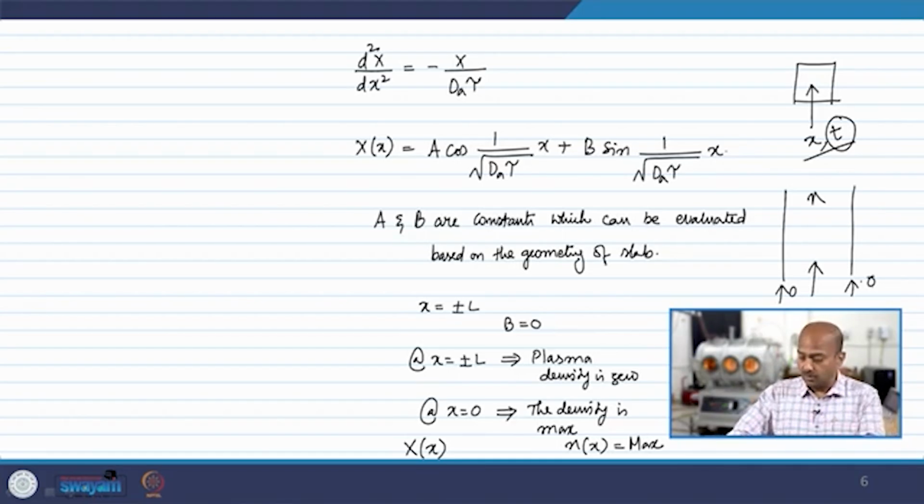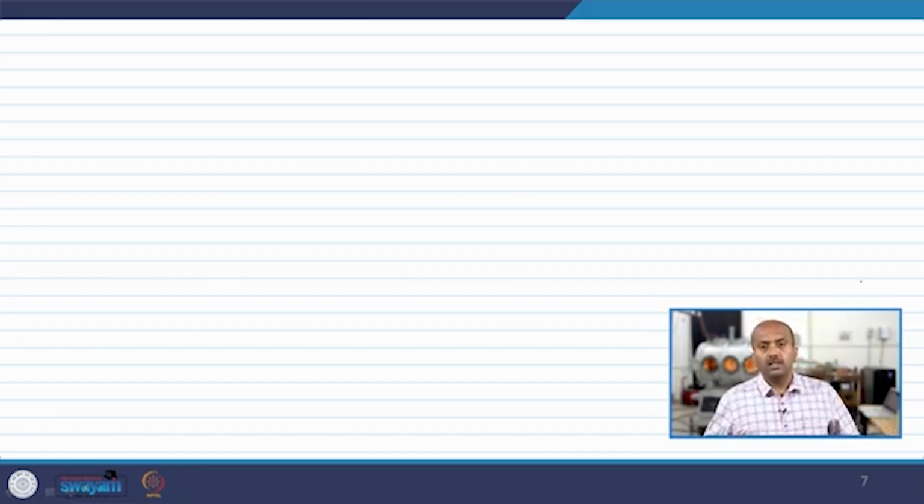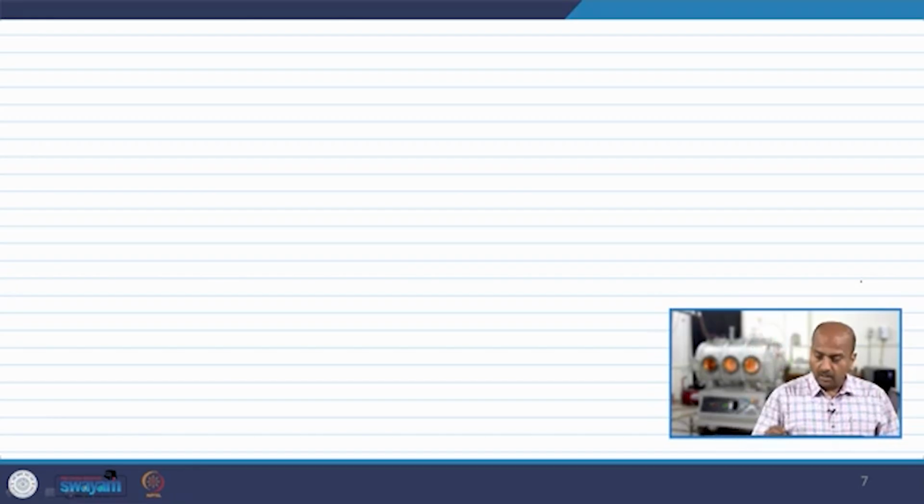You can substitute x equal to 0, and you will realize how this B will become 0, right. So, for the density to be maximum at the center and 0 on either sides, because the solution that you have assumed is sinusoidal in nature, you want this condition to be maintained at plus minus L, where you are putting x as L, okay.